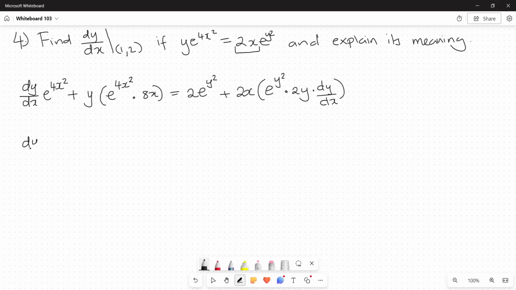Okay, so we have dy/dx e to the power of 4x squared minus, if we multiply this out, we have 4xy e to the power of y squared and then dy/dx.